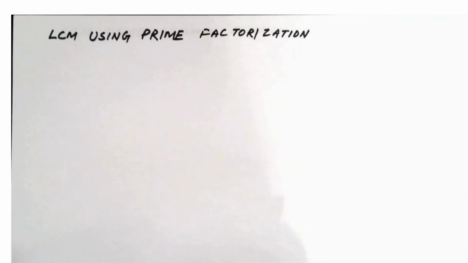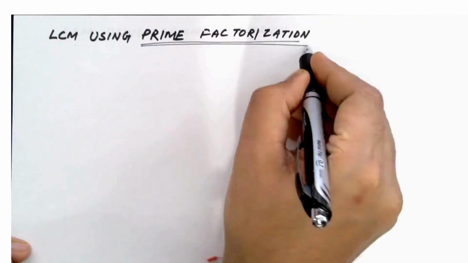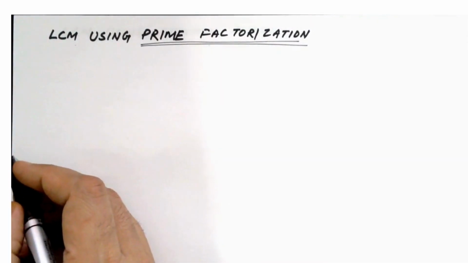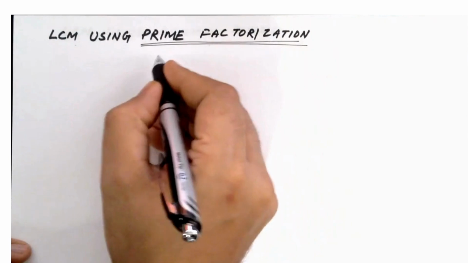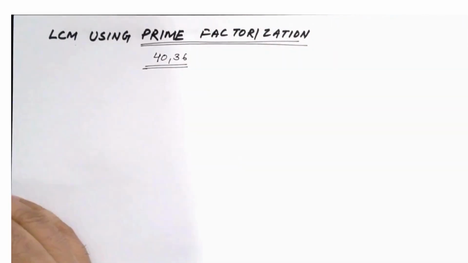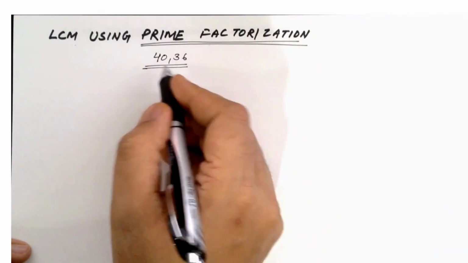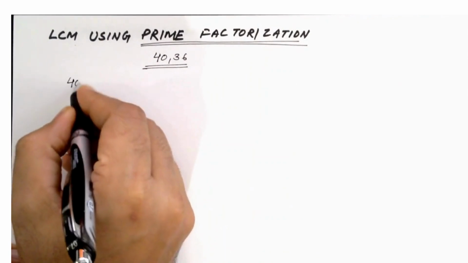First, let's discuss the prime factorization method to find the LCM of two numbers. Let us take two numbers as 40 and 36. In the prime factorization method, if you remember, we used to write the prime factors of both numbers.